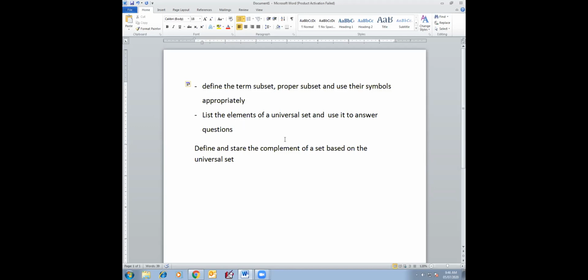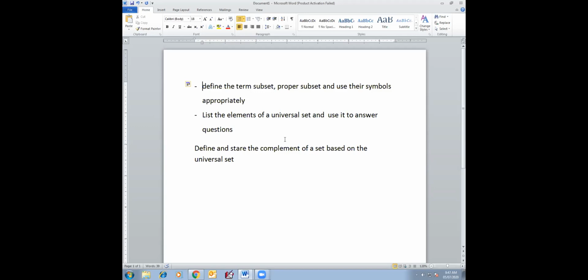Let's say I take a set A, for example, 1 to 5, and set B is also 1 to 5. That means set A is a subset of B because the elements of A are all in B.